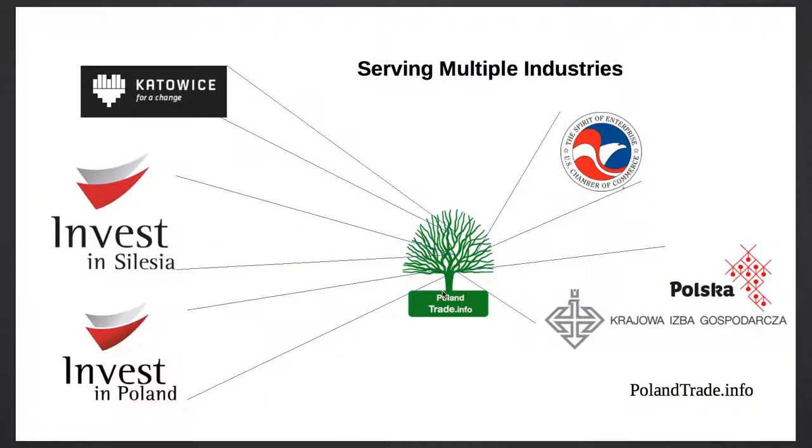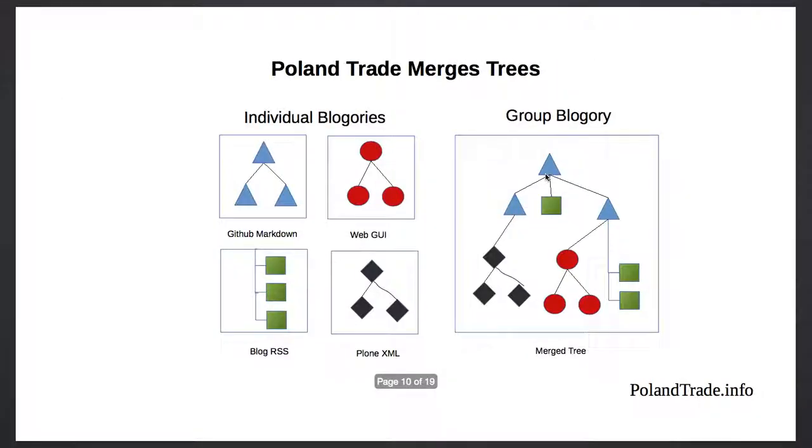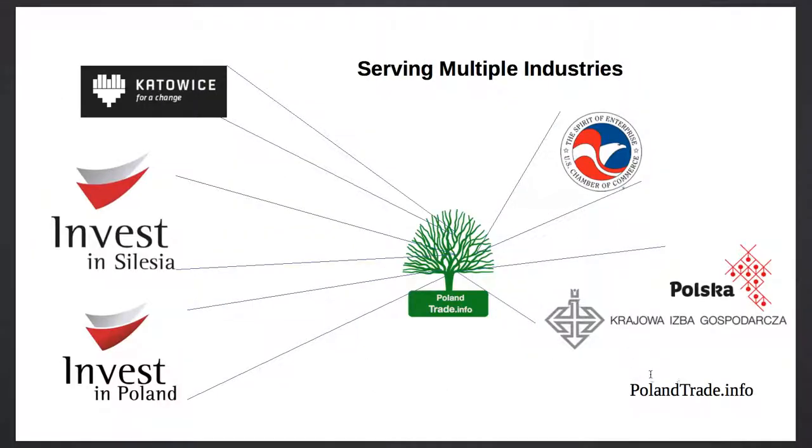And of course, different groups need different views of this information. So say you invest in Poland, then you would want to see the whole tree because you're concerned about all aspects of trade. If you invest in Silesia, you just want to see the branch with respect to Silesia. If you invest in Katowice, you want to see the branch with respect to Katowice. On the export side, if you're the Polish Trade Portal or the National Chamber of Commerce, you want to see the whole branch for exports.